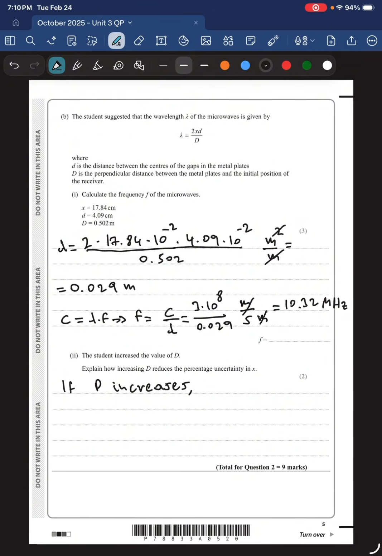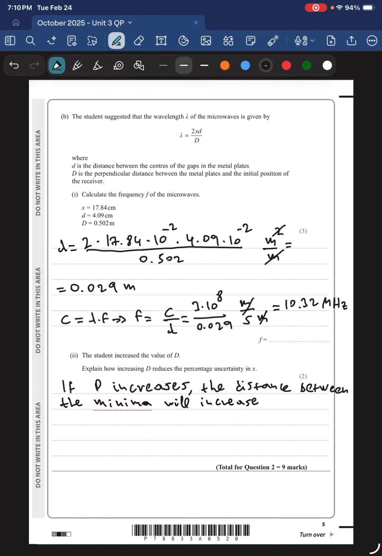Okay, the distance between the minima will increase, okay?